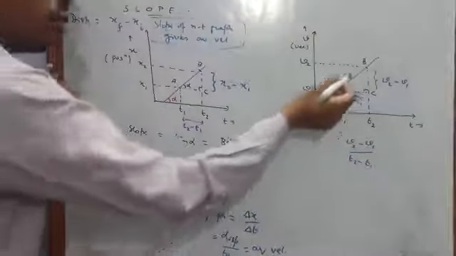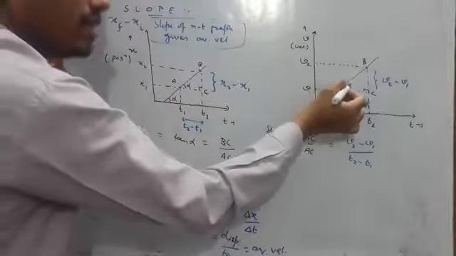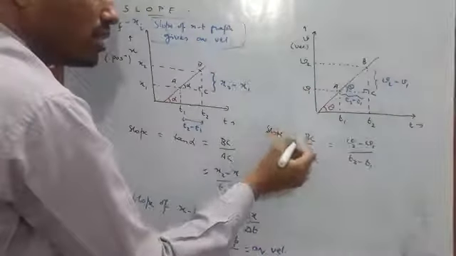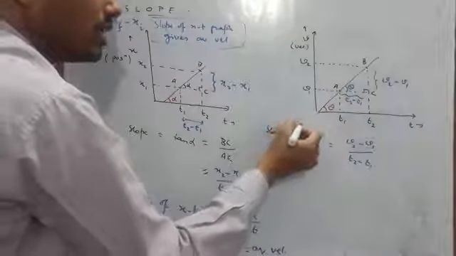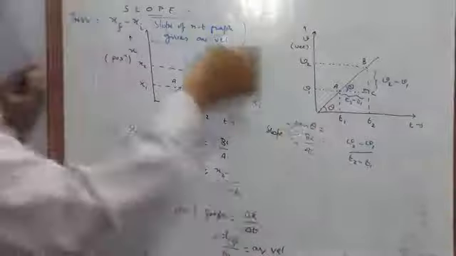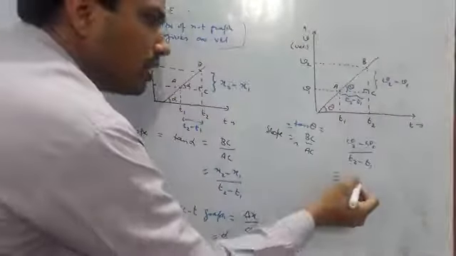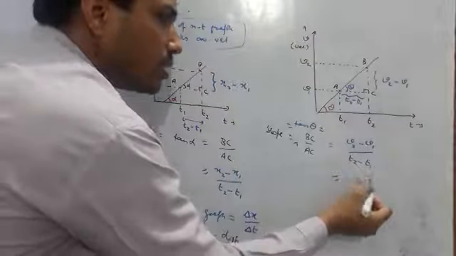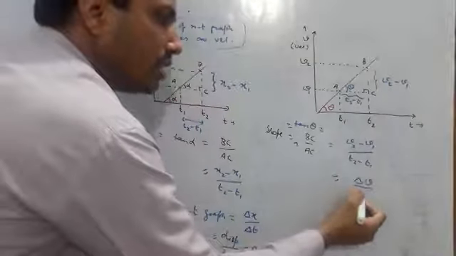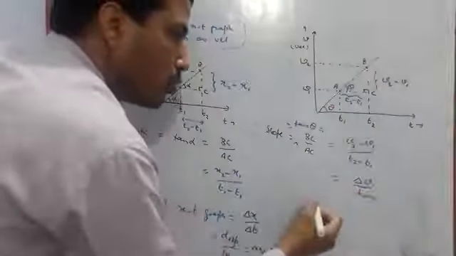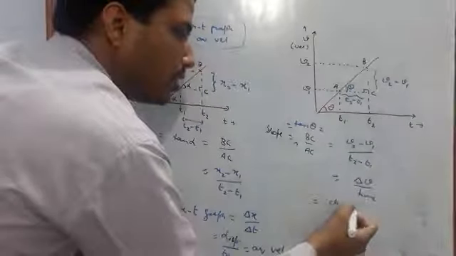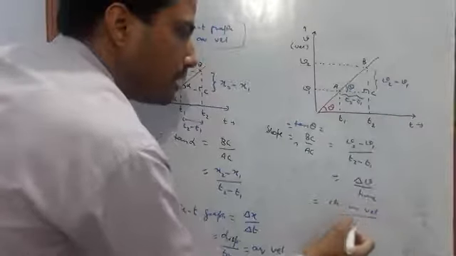Of course, because it is making angle theta with x-axis, this angle is also theta, you can write slope is equal to tan theta, that is BC by AC. Now what is V2 minus V1? This is nothing but change in velocity by time. So slope gives change in velocity by time.